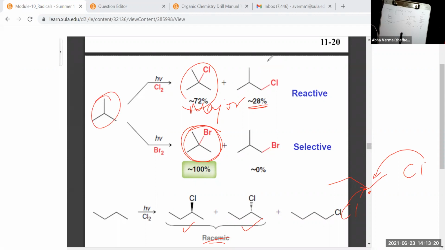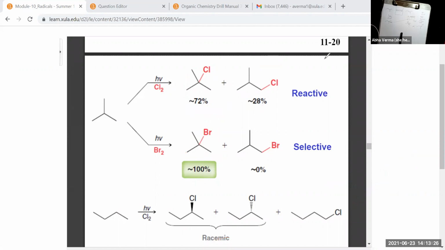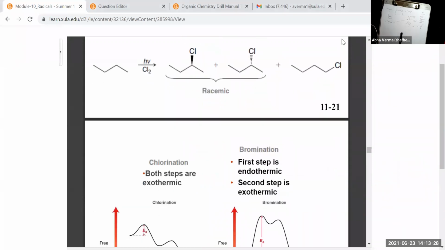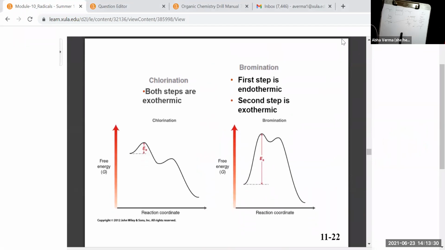Well, this is not an enantiomer, but the enantiomeric site is right here. So this is one of the problems that we face with chlorinations. So the major product is not only dependent upon the rate of the reactions, but also the number of hydrogens and the probability of exchanging with the halogen.